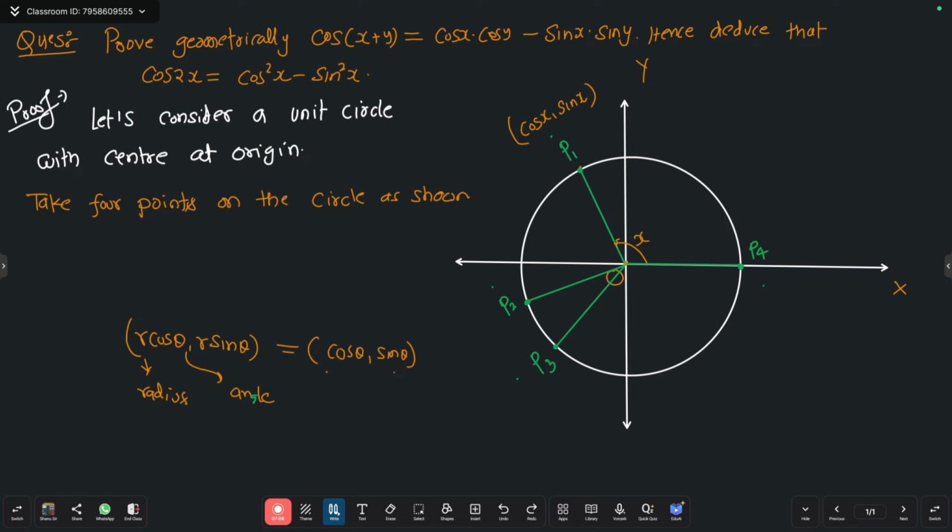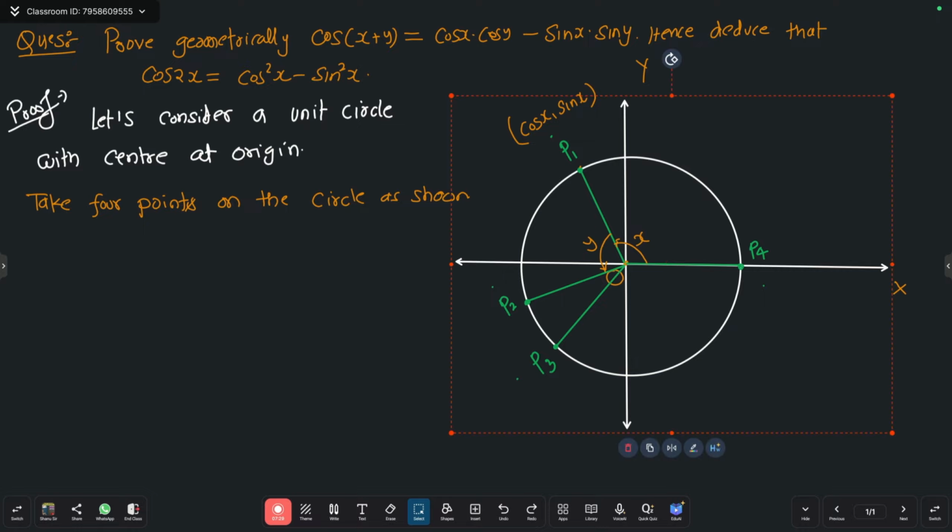Now this angle I am considering here to here y. Then can you tell me the coordinate of P2? Cos x plus y comma sin x plus y. Why x plus y? Because up to here is angle x, then here angle y. So we have to consider the angle from the x-axis.